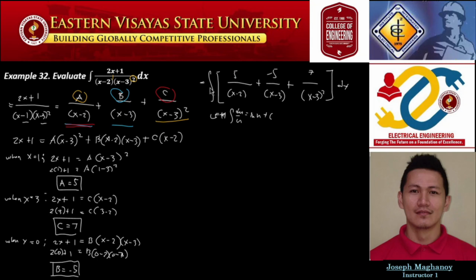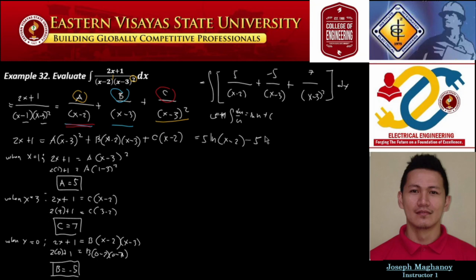But first, we need to apply property number 1 and 2, carry out the real number constant, and distribute the integrand and dx inside the bracket. So doing so, we can write it as 5 ln x minus 2. Negative times positive, it will become negative.